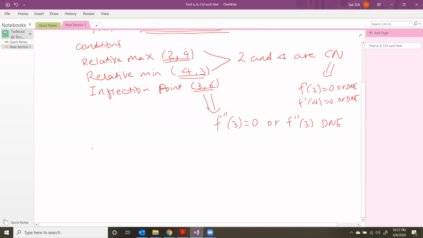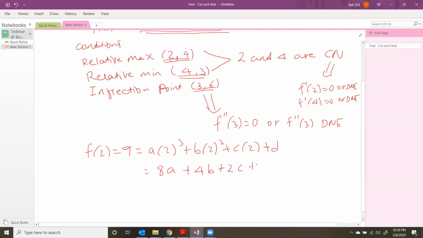So f at 2 equals 9, which equals a times 2 cubed plus b times 2 squared plus c times 2 plus d. That's one equation. If you simplify this, it is 8a plus 4b plus 2c plus d equals 9. I have one equation from the relative maximum.